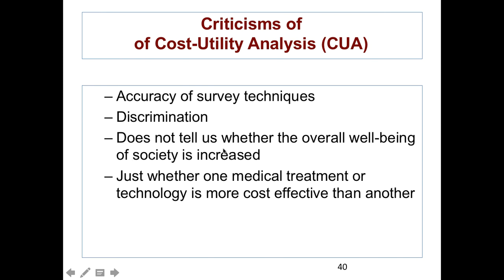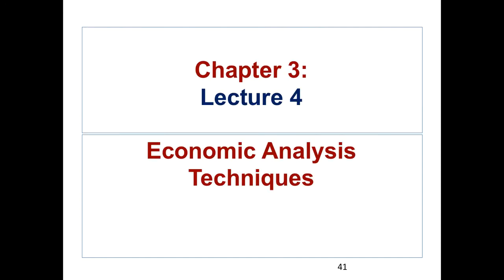It doesn't tell us whether the overall well-being of society is increased, because this is quality adjusted life per patient per year. It shows just whether one medical treatment or technology is more cost effective than another one. So for one patient, it doesn't tell us whether the society's well-being is improved or not.